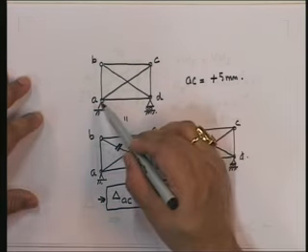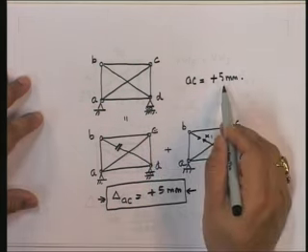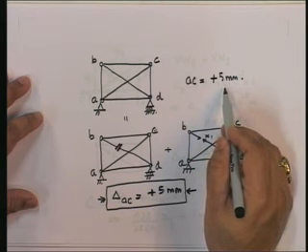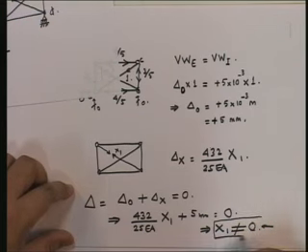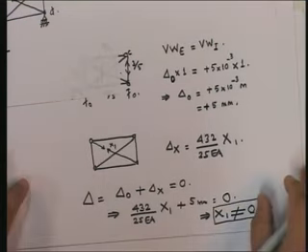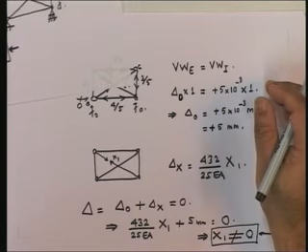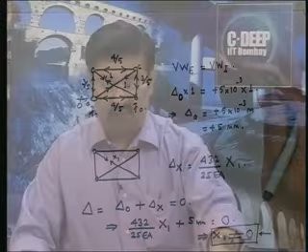The only thing that happened was that AC was 5 millimeter longer than it should be, and because of that, you have forces in all the members. So therefore, a lack of fit actually gives rise to additional forces in the members in a statically indeterminate structure.